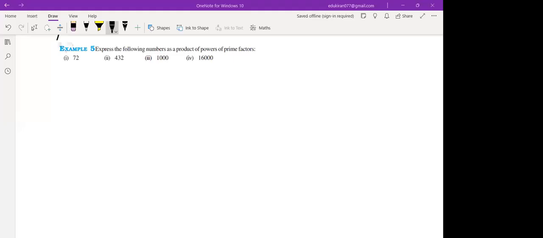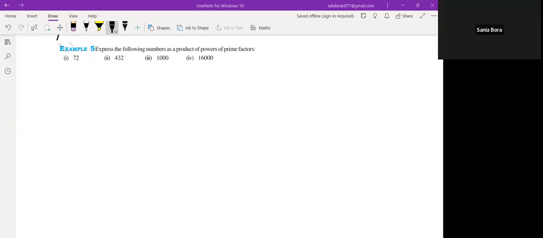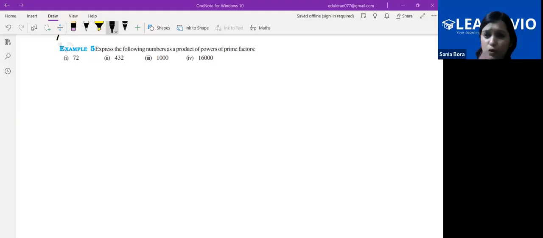Okay. Hepzibah, for 9, can't you write 3 raised to the power 2? Sorry, ma'am. For 9, can't you write 3 raised to the power?